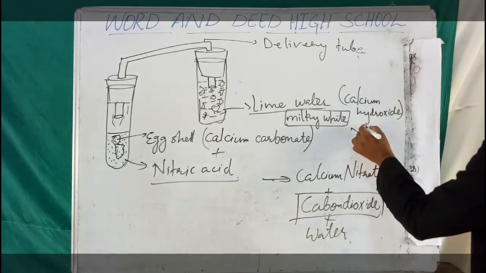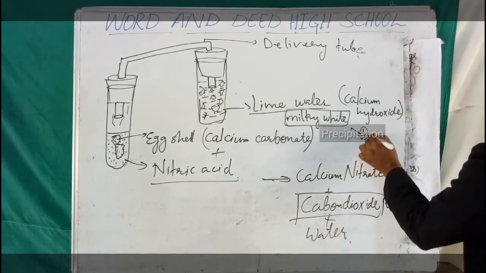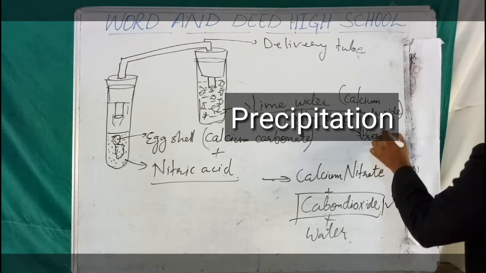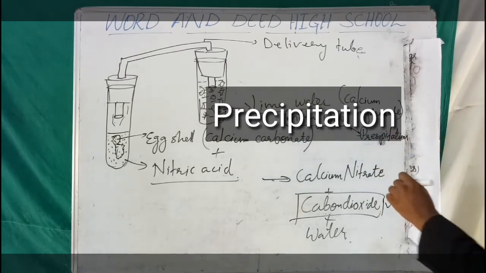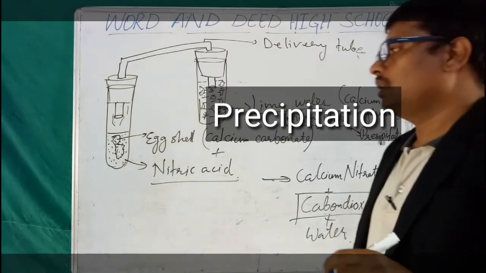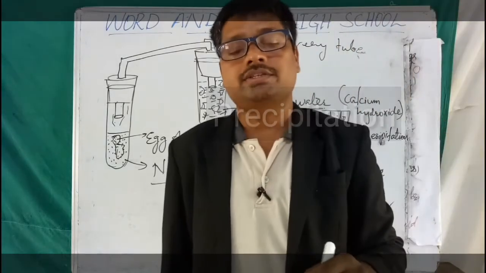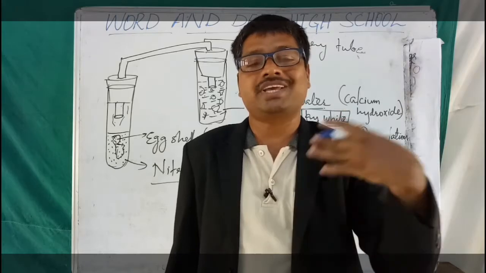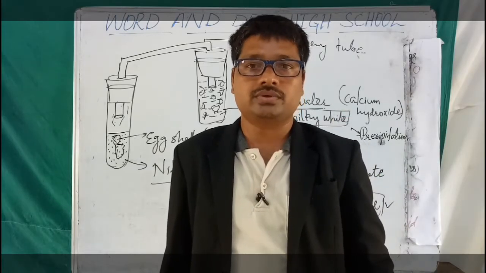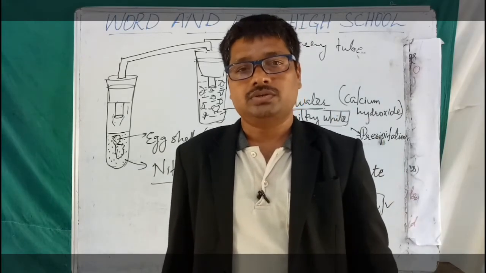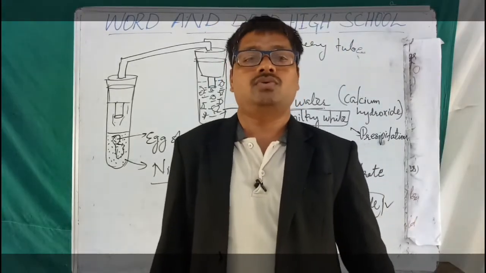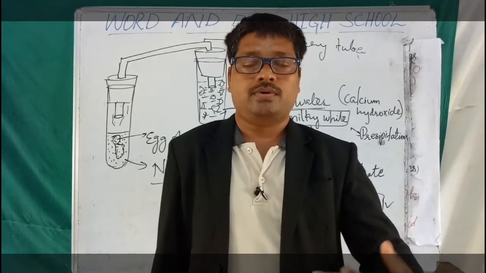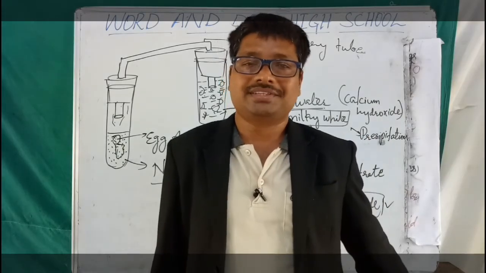This formation is called precipitation. Okay students, like this you can understand how carbon dioxide is produced and how you can confirm whether the produced gas is carbon dioxide or not.